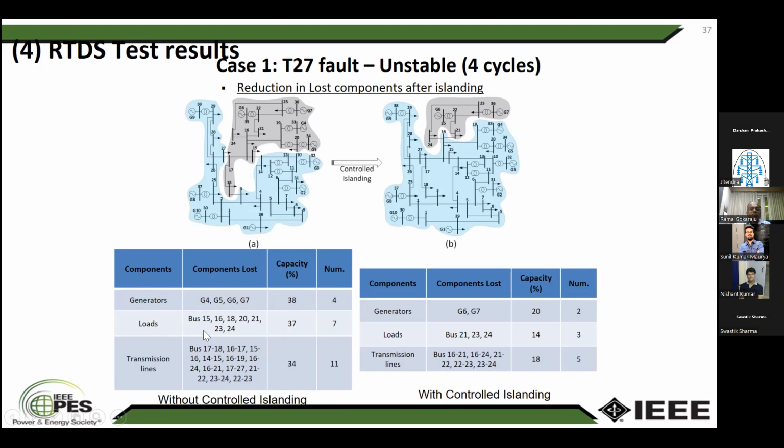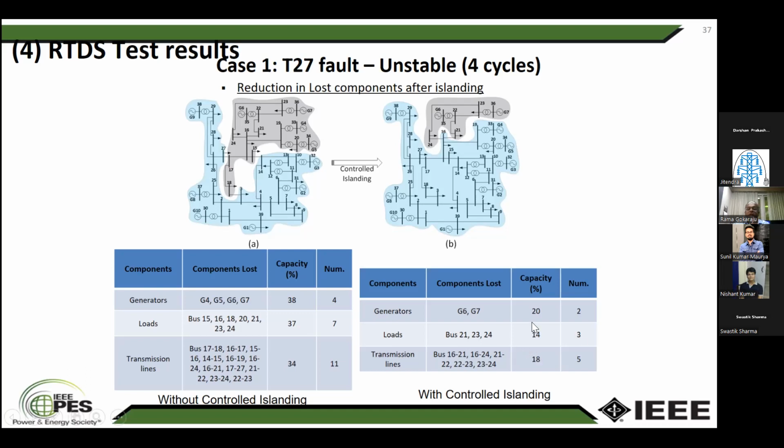The loads that are lost are located at buses 15, 16, 18, 20, 21, 23, 24. So it is 7 loads lost, 37% capacity. And the transmission lines, again, 11 transmission lines lost and 34% of the capacity.